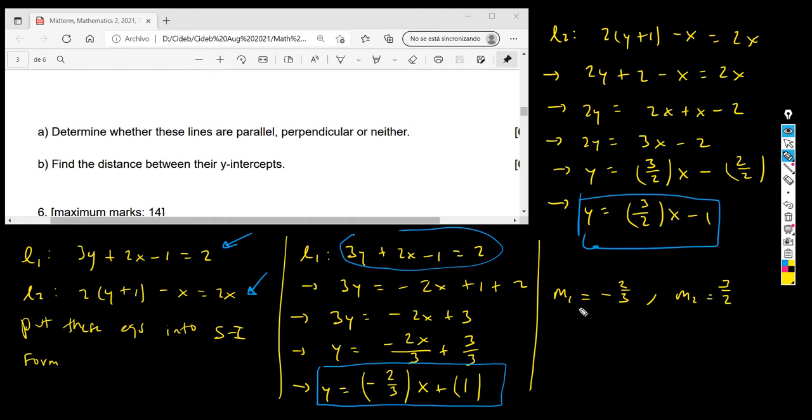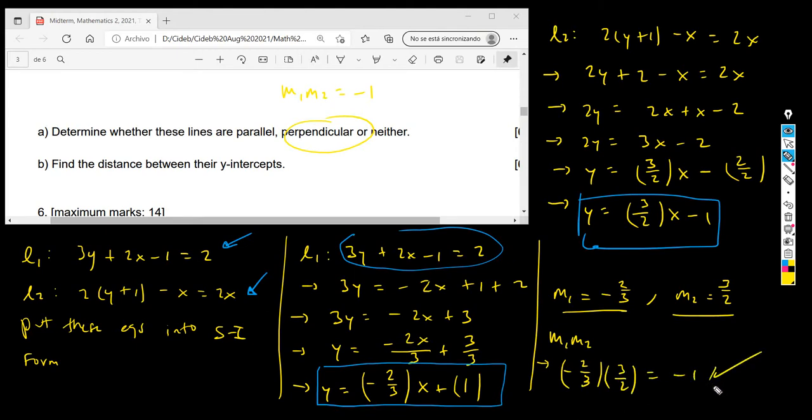And since I know, or I should know, that the test for perpendicularity is that the product of the slopes should be equal to -1, let me try it out. m1 times m2 is equal to minus 2/3 times 3/2. That's clearly equal to -1. And since the test was passed, these two lines are perpendicular.